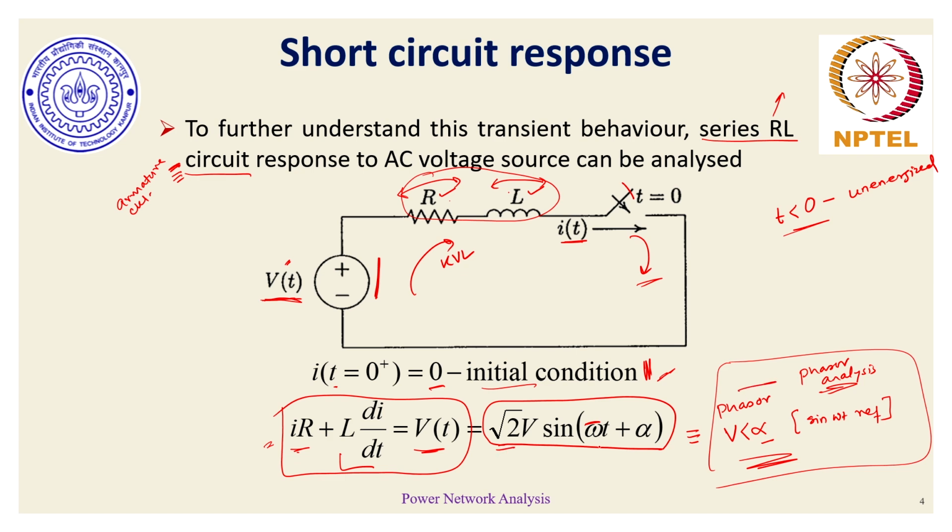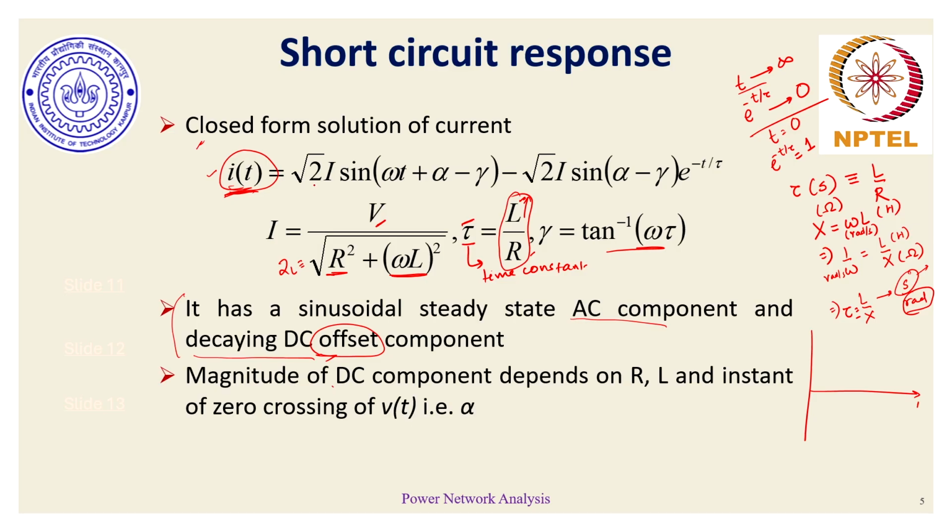If root 2 V sine omega t plus alpha is the time domain representation, the corresponding RMS value in the phasor domain is capital V. Similarly, for the AC component present over here, root 2 I sine omega t plus alpha minus gamma will have the AC RMS value equal to I only. Now, this is the corresponding RMS value of the AC component. For the decaying DC component DDC, what is the RMS value? How do we find it? It's a decaying DC component, it doesn't have any periodicity.